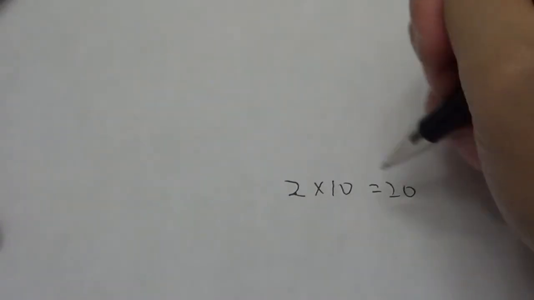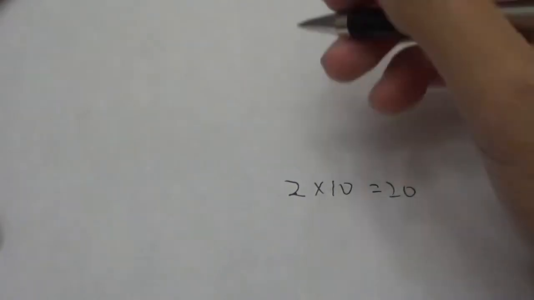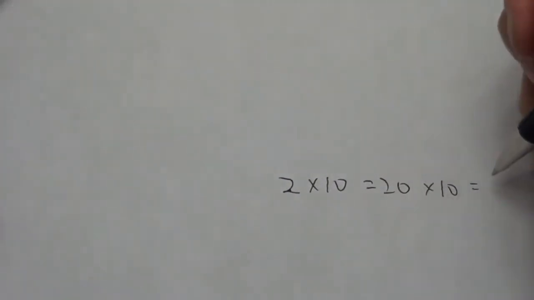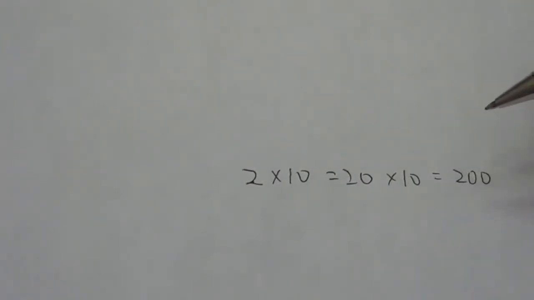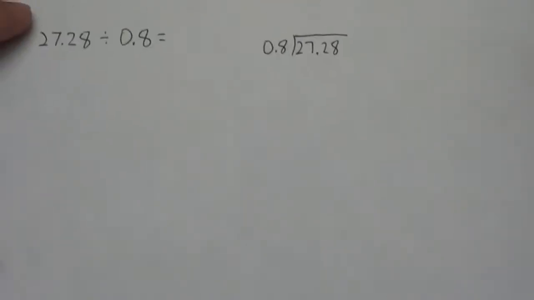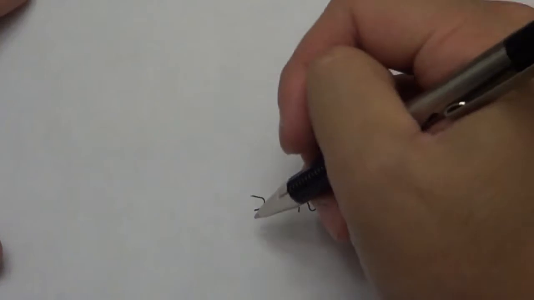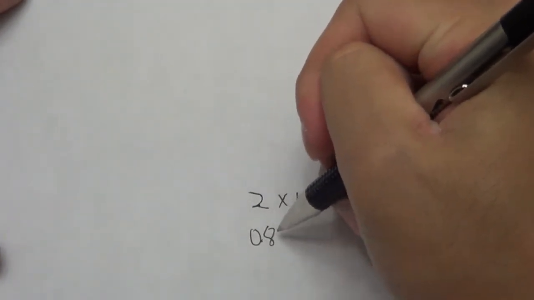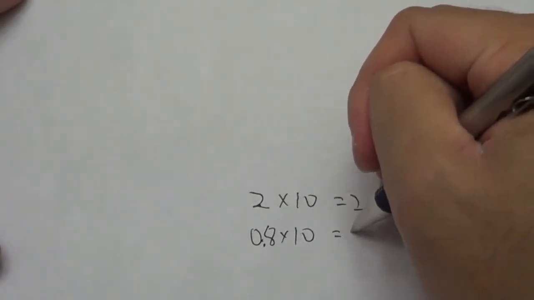So it used to be in the 1 spot, now it's in the 10 spot. And if I multiply that number by 10 again, it's now in the 100 spot. So we can apply that same concept to this number, 0.8, because if I multiply 0.8 by 10, I get 8.